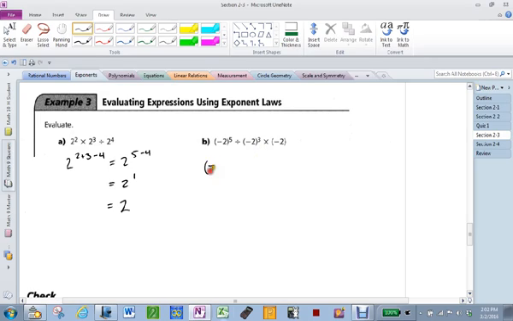So that is negative 2 to the 5 minus 3 plus 1, which is negative 2 to the 2 plus 1, which is negative 2 cubed. Will that answer be positive or negative? Negative. What would it be?